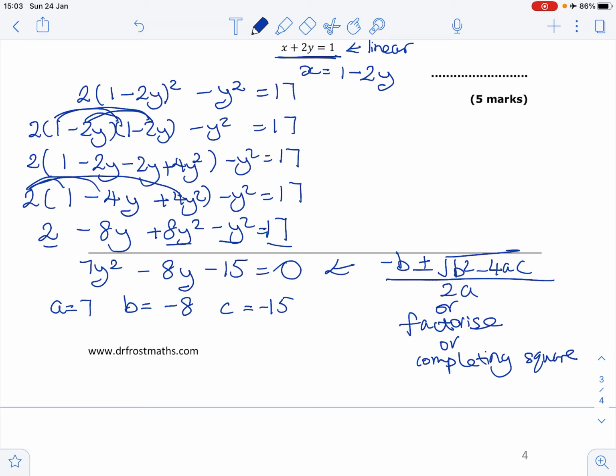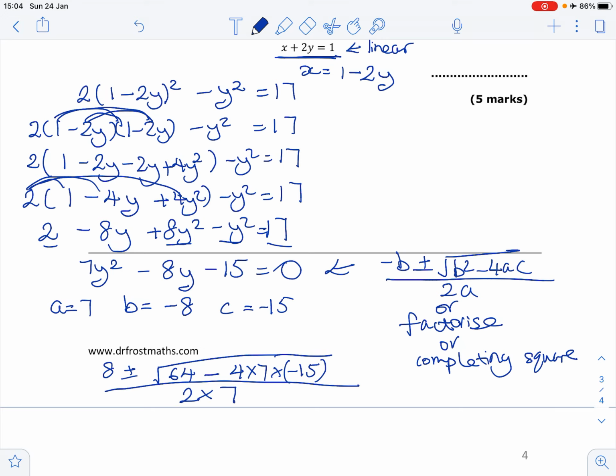So my minus b, so minus minus 8 is 8 plus minus the square root of minus 8 squared is 64 minus 4 multiplied by a, which is 7, multiplied by minus 15, divided by 2 multiplied by a.